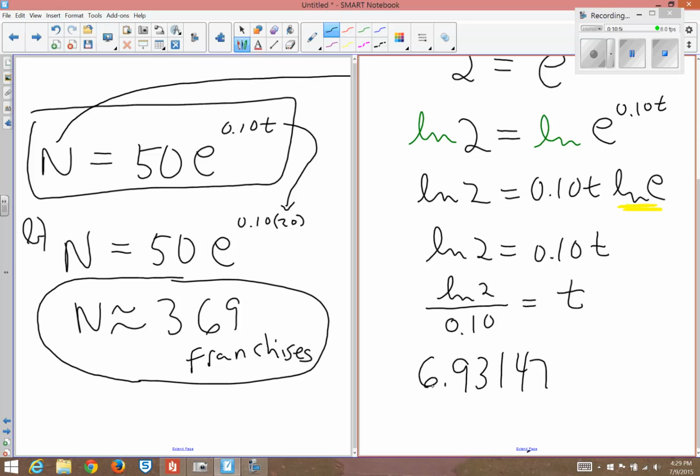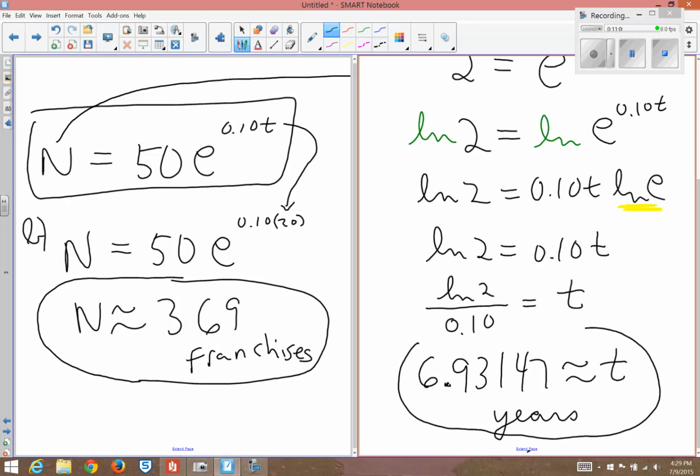And this does not have to be a whole number because this is t. T stands for time, and time is in years. So I'm going to say it takes about 6.9 years. It would take about 6.9 years for the 50 franchises that were there initially to double. So 6.9 years, or very close to 7 years.